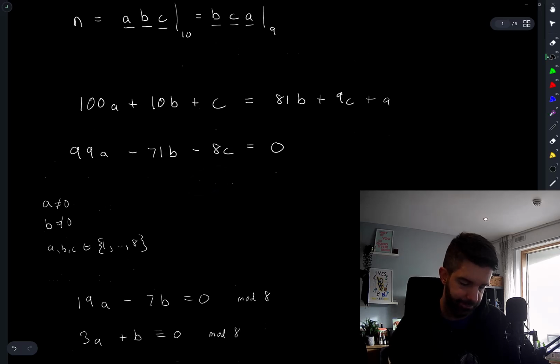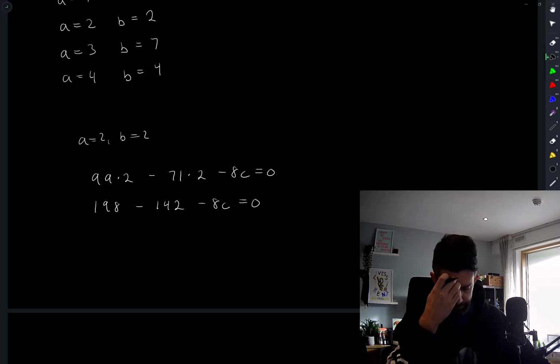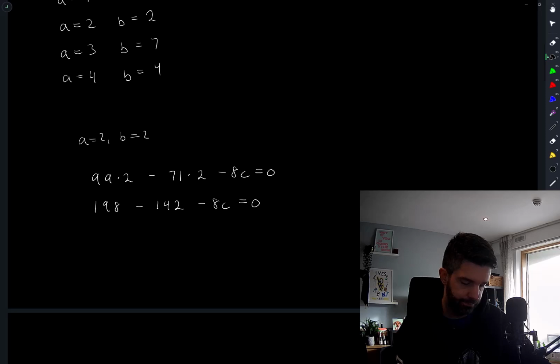Okay. What do we get here? 198 minus 142 minus 8C is equal to 0. 98 minus 42, is that 56? So C is equal to 7.